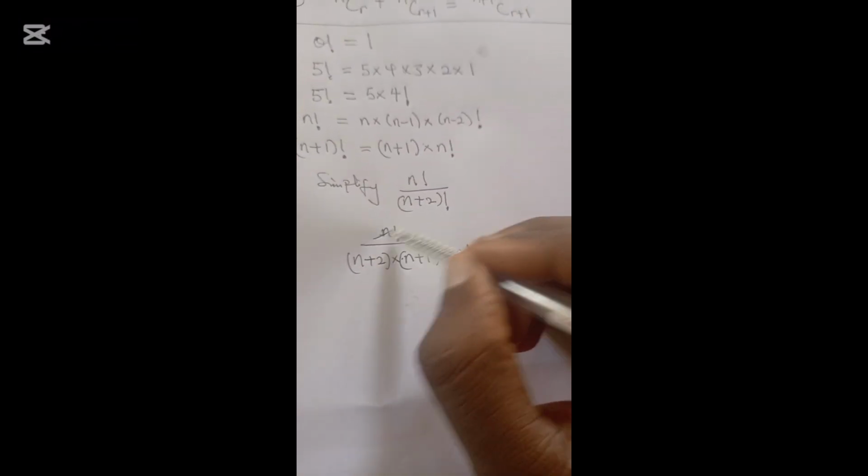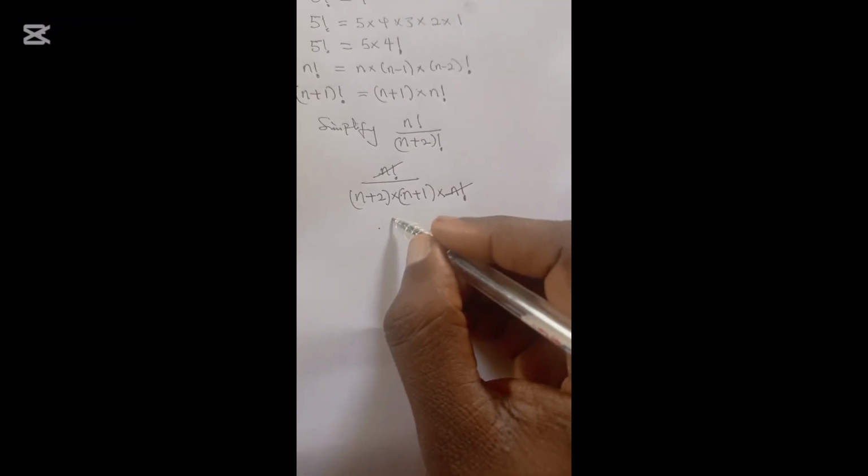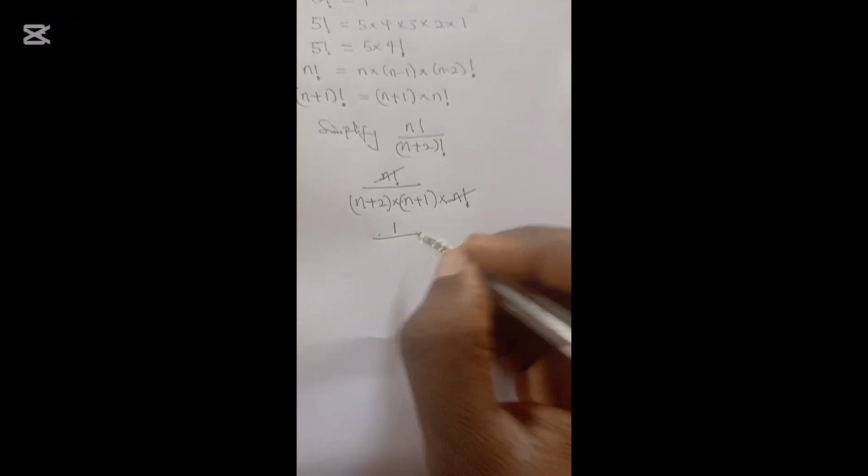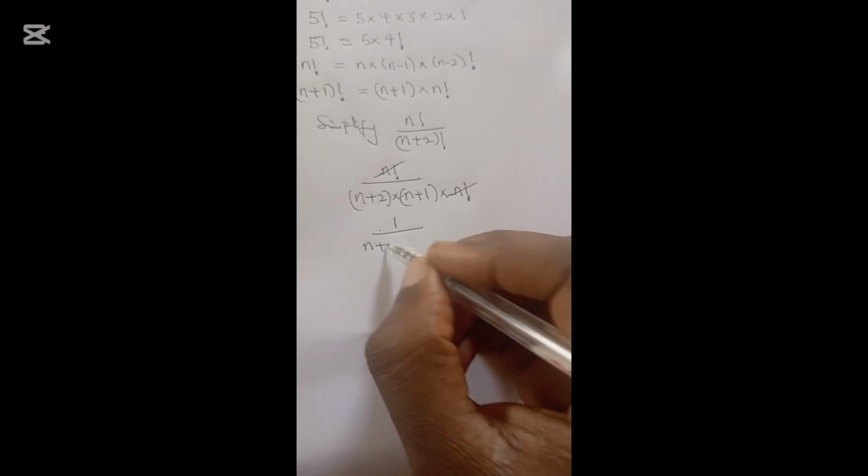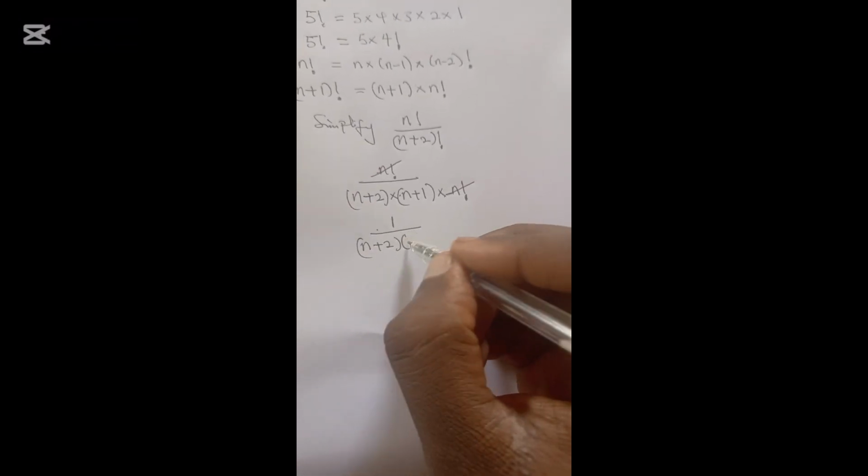We need to stop at n factorial because we want the n factorial on top to cancel the n factorial under, so that we are left with 1 over n plus 2 times n plus 1, which becomes our final answer.